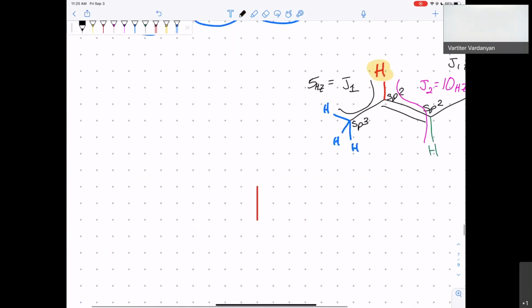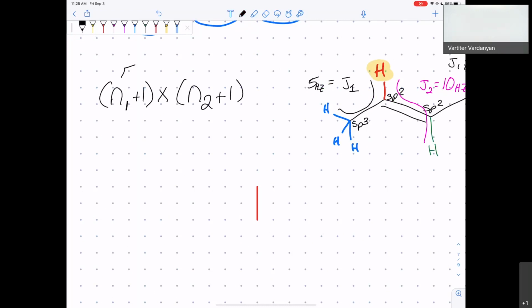So instead of N+1, we're going to do N1 plus 1 multiplied by N2 plus 1. We're just going to say that N1 is the neighbor on the left and N2 is the neighbor on the right.